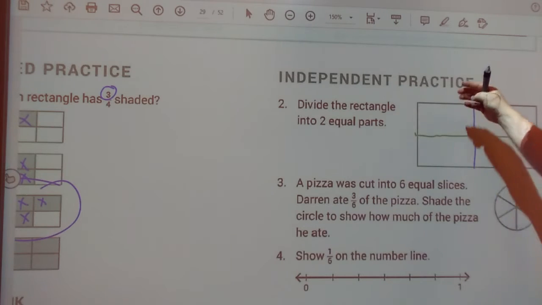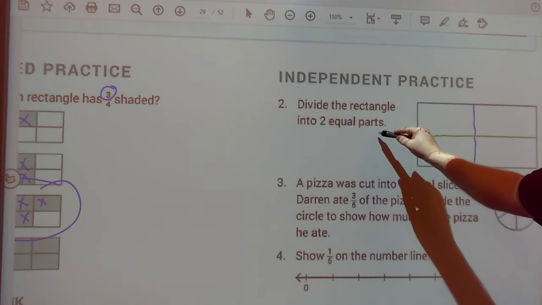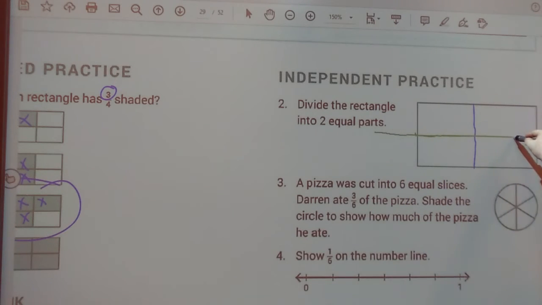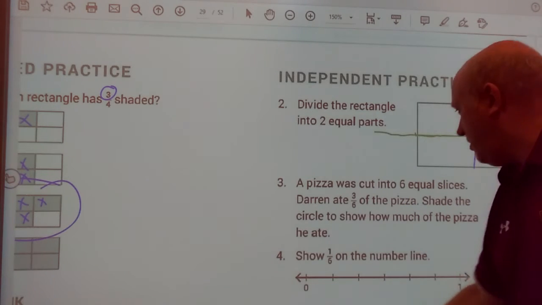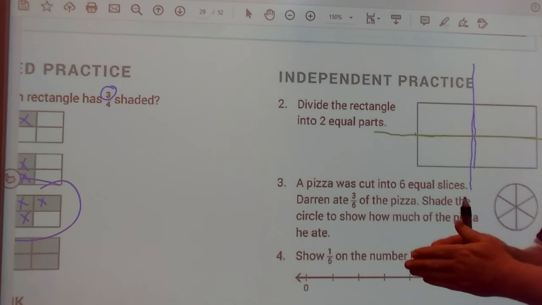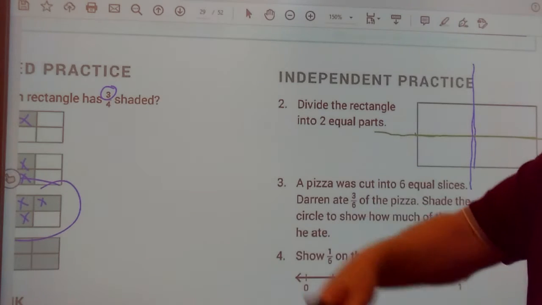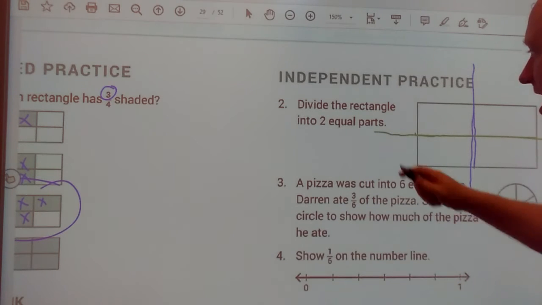As long as the 2 parts are equal. A lot of times with a square, if you do a line all the way straight across, or up and down, then you're able to fold it, and that's called symmetry. But like I say, symmetry is later on. Okay? Now let's look at number 3.